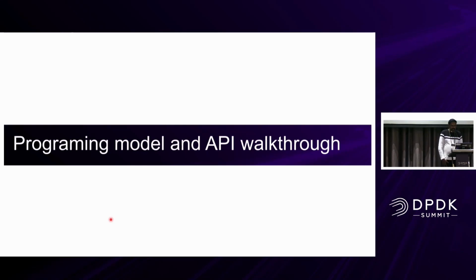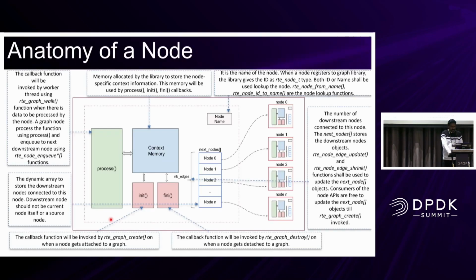Then let's switch gears to the programming model and API walkthrough. In this section I will go through the APIs, how to use them, and the programming model. This slide is too crowded, but basically it talks about the anatomy of a node and what a node consists of.